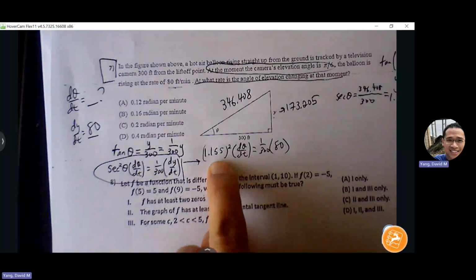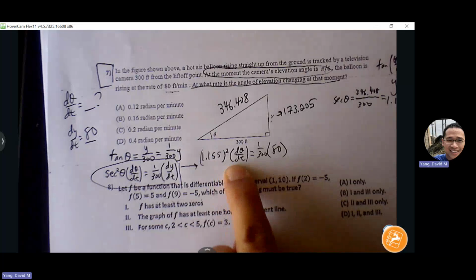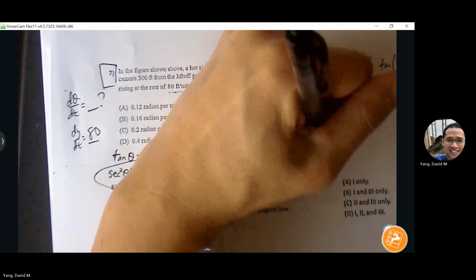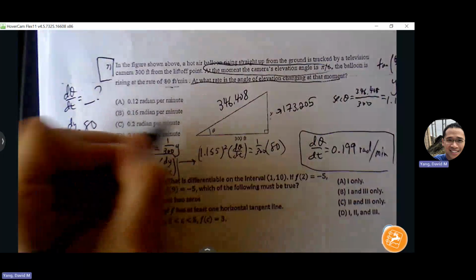So take this number divided by this number, solve for d theta dt, and I get 0.199, which is around 0.2.